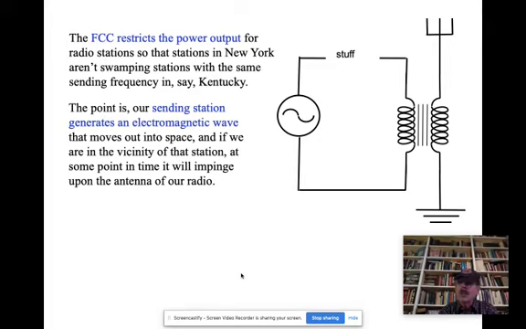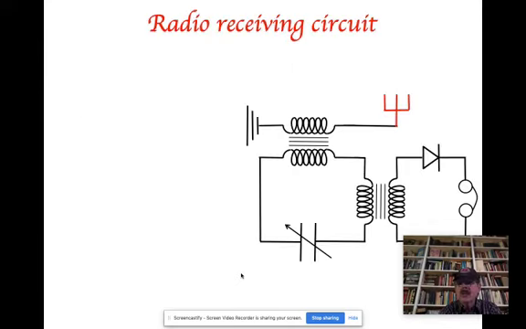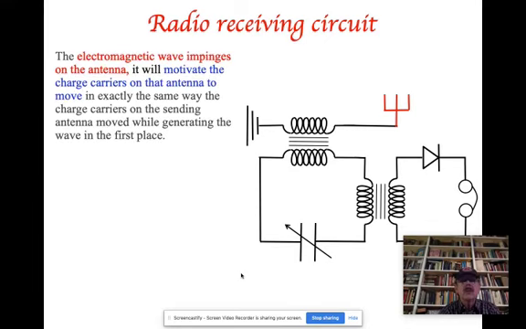And so the question arises, once this electromagnetic wave has left, what happens then? Which brings us to circuitry that's inside your radio. So the first thing we need to talk a little bit about is what happens on the antenna of your radio. You have this electromagnetic wave that is passing by, and it's this continuous wave, this continuous electromagnetic disturbance.